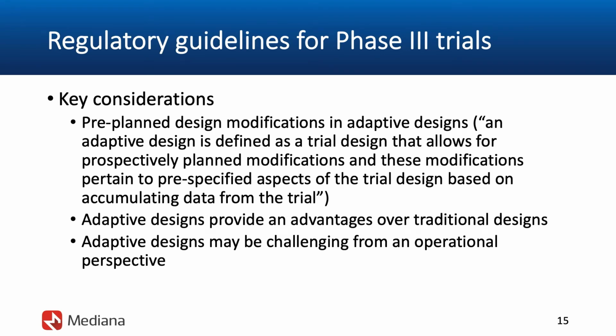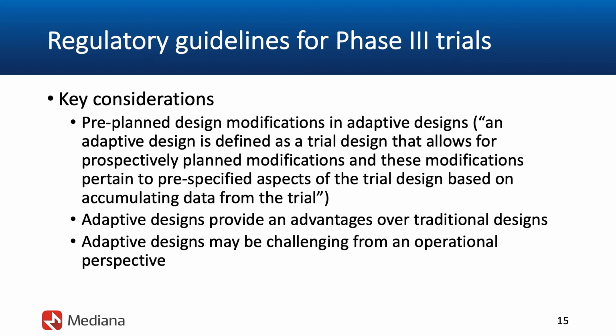And it would be fair to ask about the key considerations for adaptive designs in confirmatory trials or phase 3 trials. I would like to point out here very briefly, and we will come back to those points multiple times throughout this training course, that both regulatory guidelines, published by the United States Food and Drug Administration and also by the European Medicines Agency, emphasize that design modifications in adaptive trials must be pre-planned.